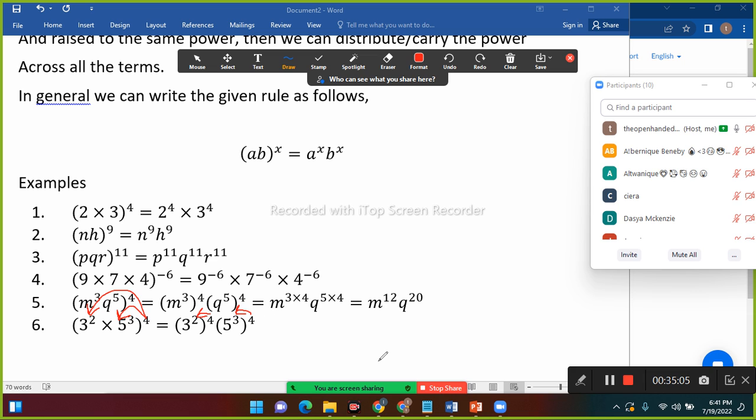Okay, and so now what we're going to do is multiply it.